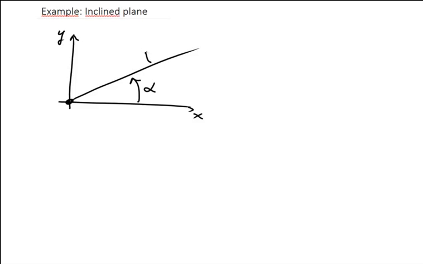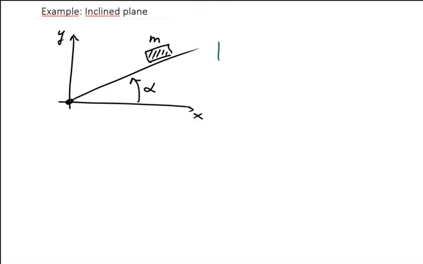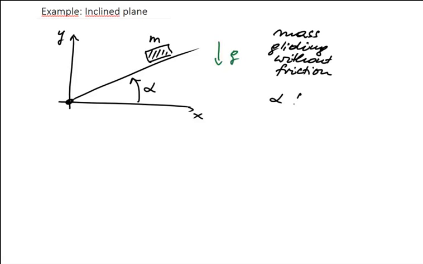You have a mass m, which experiences a gravitational acceleration g. And this mass m is gliding without friction on this inclined plane. The inclination angle alpha is fixed.